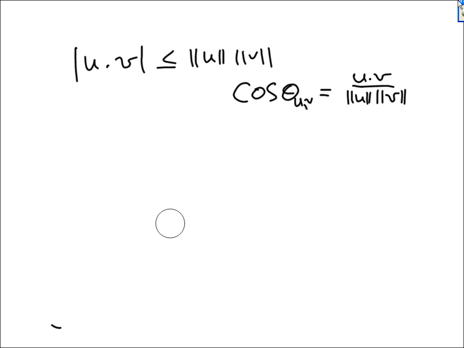Now, earlier, I said, let's just hand wave a little bit when I said I can divide by the length of u times the length of v. Well, what if the length of u is 0? Or the length of v is 0?